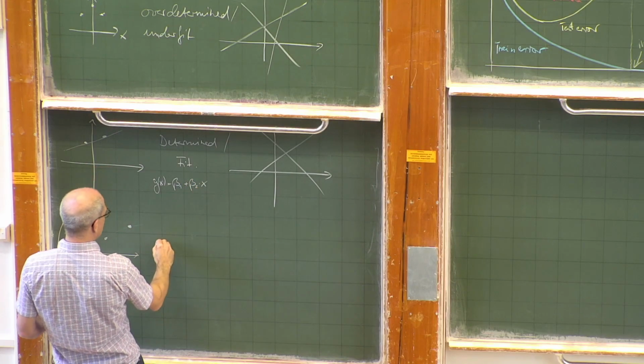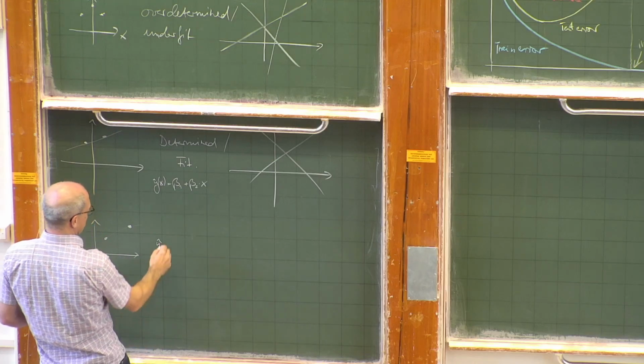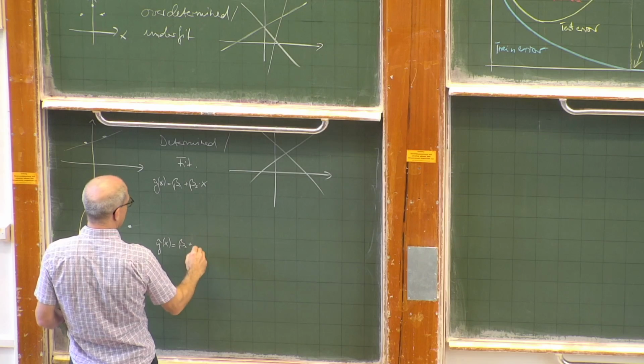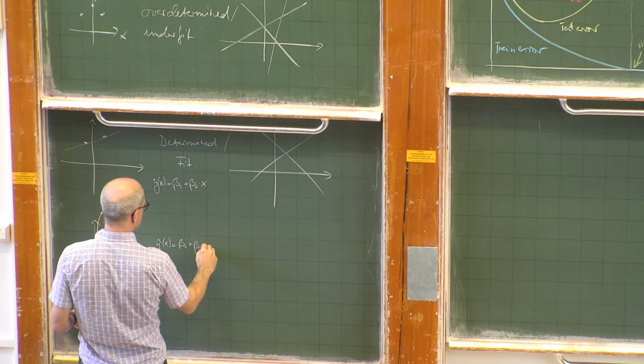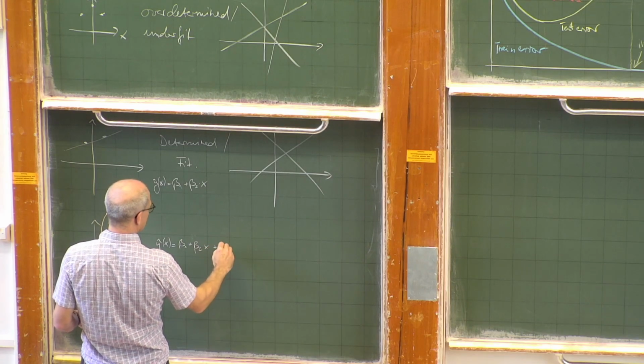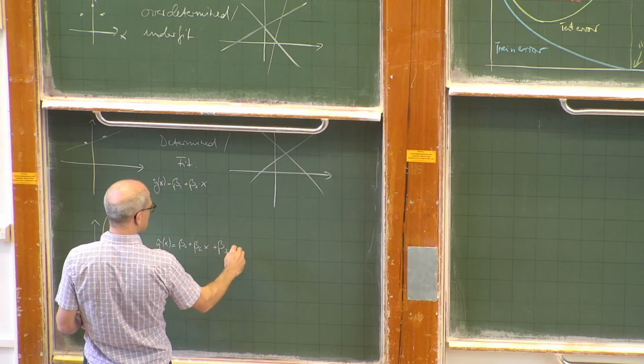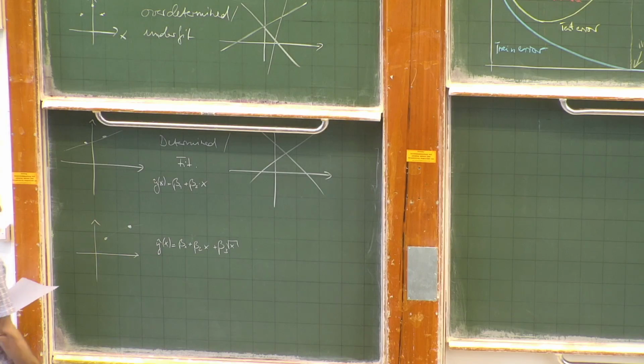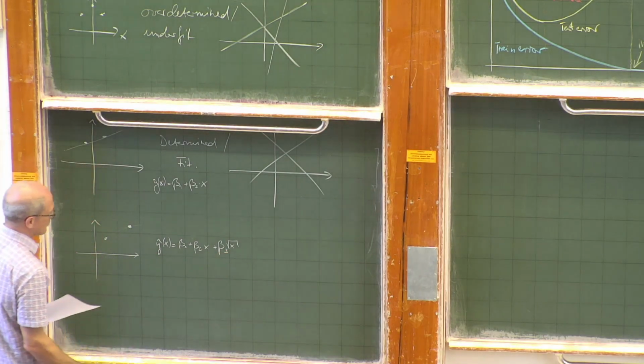And now I'm using another basis function. I'm introducing a new basis function, beta 3 times the square root of x. So my new basis function would be the square root of x.